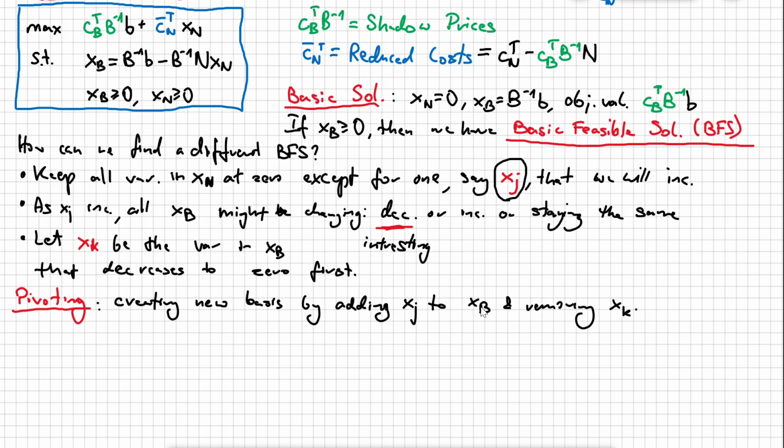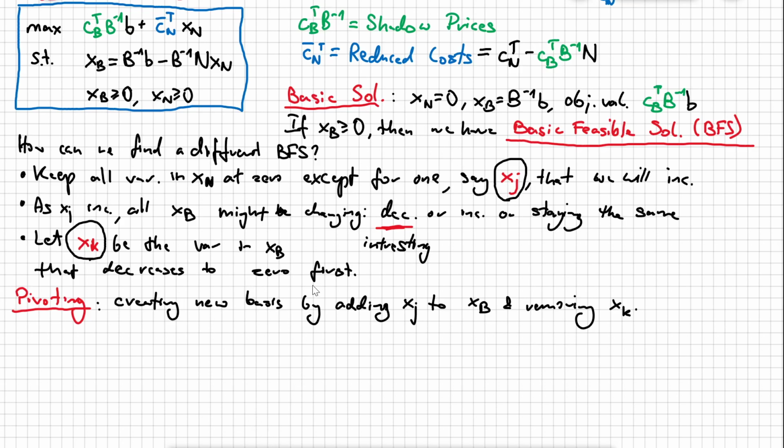Remember, xb is m variables selected out of all x variables, which were n. So we have to remove something. We increase xj until one of the original xb variables decreases to 0. This variable that decreased to 0 was xk, and we then remove it from the basic variables and put it into xn.